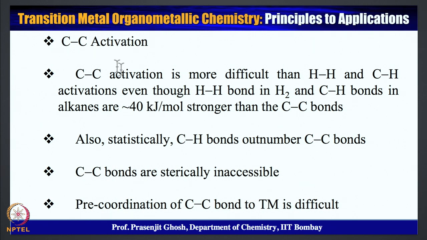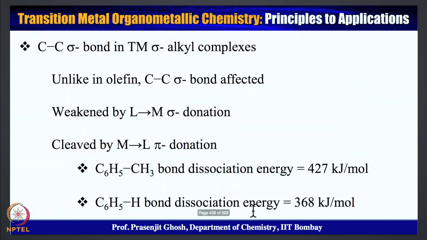Now, CC activation is more difficult than hydrogen-hydrogen and CH activations, even though the hydrogen-hydrogen bond in H2 and CH bonds in alkanes are stronger than CC bonds. Statistically, the reason for this challenging activation is that CH bonds outnumber CC bonds. CC bonds are sterically inaccessible, and furthermore the pre-coordination of CC bonds to the transition metal becomes difficult.